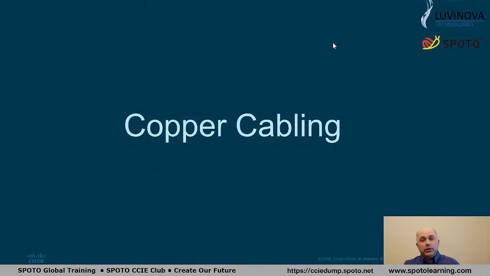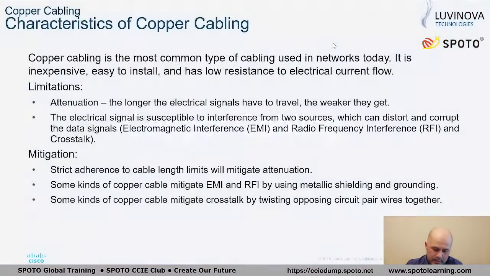Because we are talking about the physical layer, and on the physical layer sits the network and the cable itself, the medium through which we send our data, and data travels across the globe. So, the characteristics of copper cabling. Copper cabling is the most common type of cabling we use to create our network.